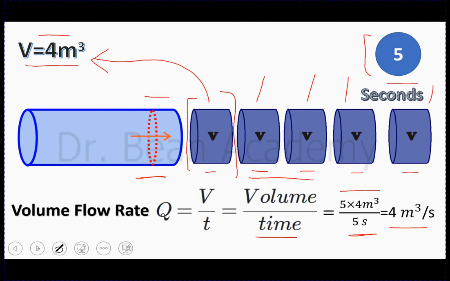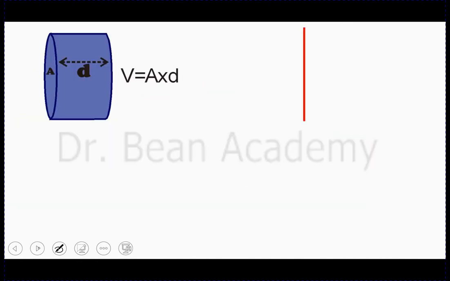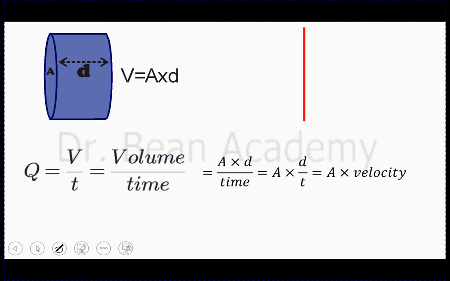So now I tell you something more into it. This quantity is not very useful because we need to know the volume and then per unit time. So instead, I can represent this quantity in some other quantities which are useful. So let's calculate that one. It is the same formula: volume flow rate is total volume per unit time.